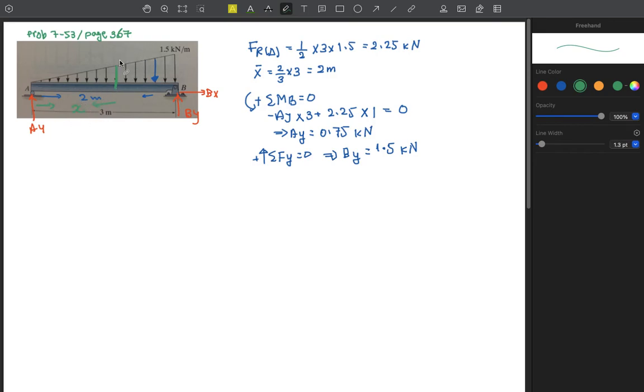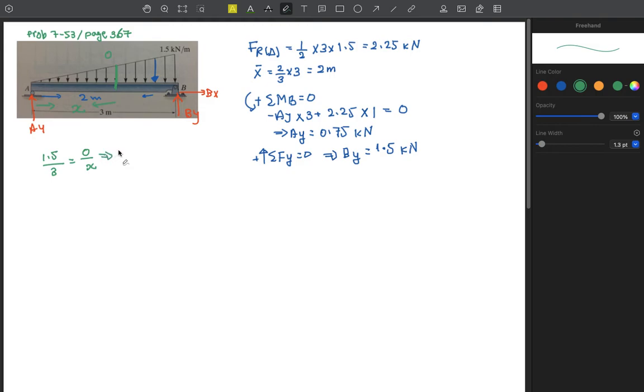Now, if you need to know this height, we have these two triangles, the large one and the small one. They are similar. Call this height O, the height we need to find. So 1.5 over the distance for the large triangle equals O, the value of the distributed loading for this small triangle, over the distance x.